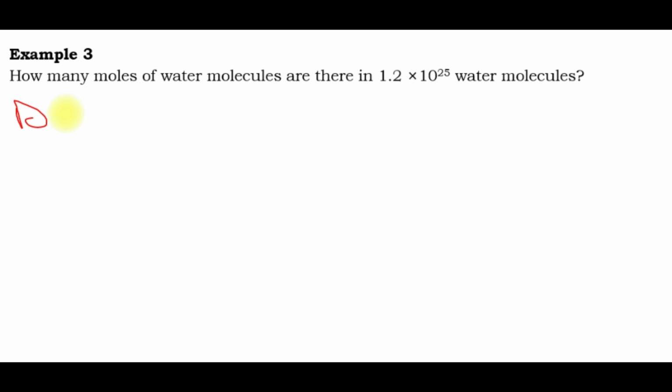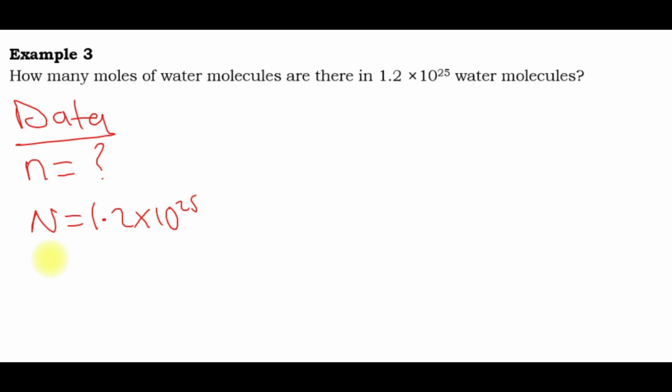Okay, let's solve this question. Data, number of moles unknown, number of particles 1.2 by 10 to the power 25. The Avogadro's number, we have 6.02 by 10 to the power 23 molecules.